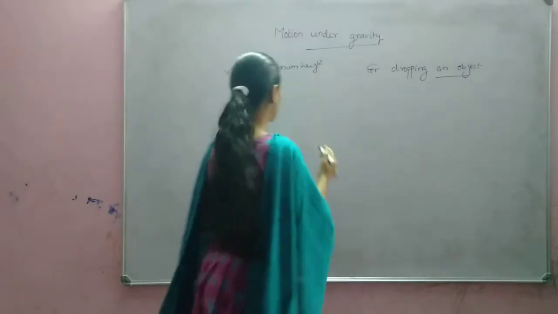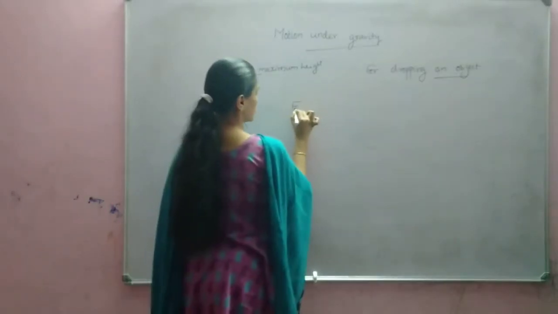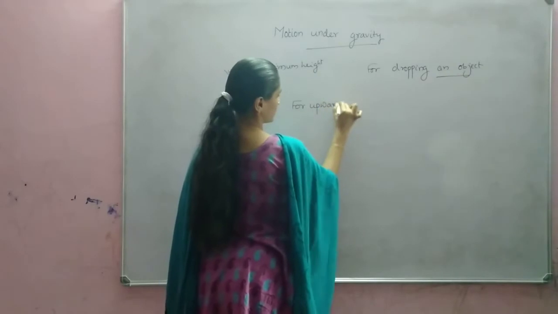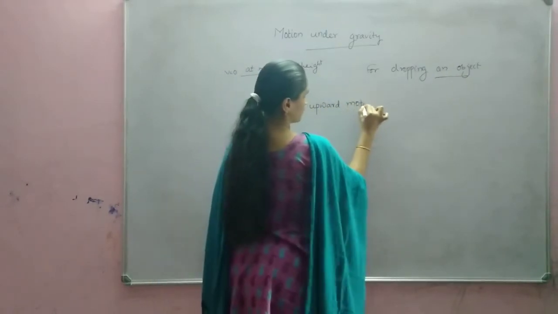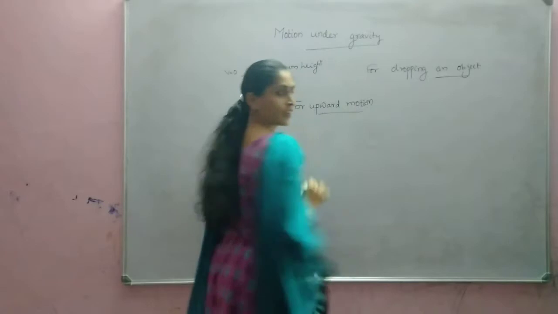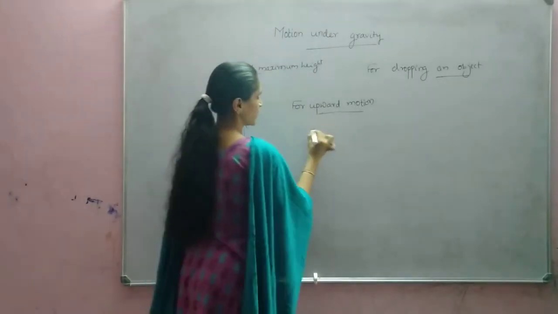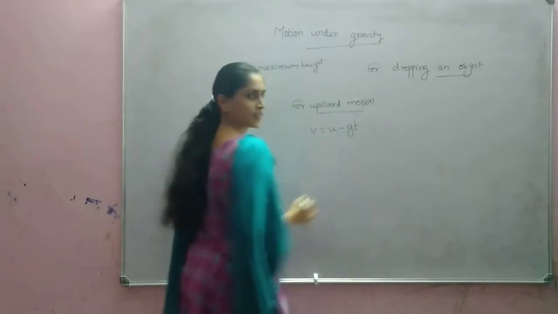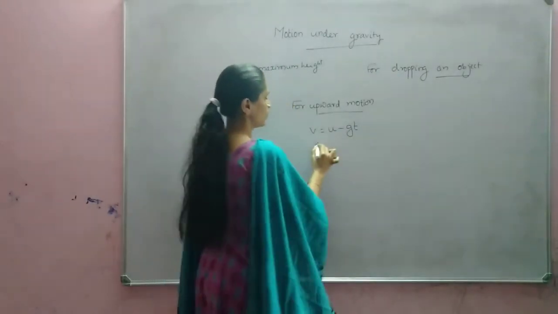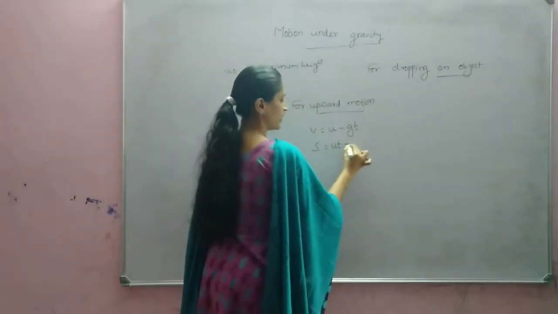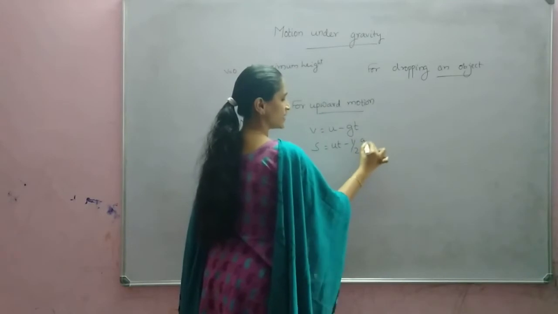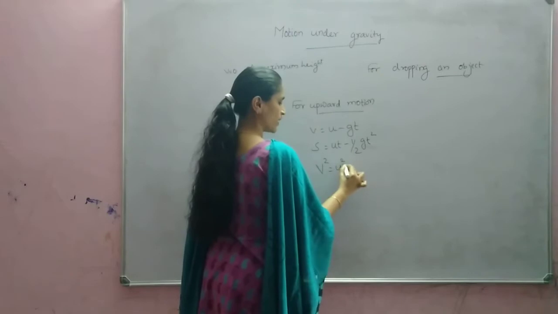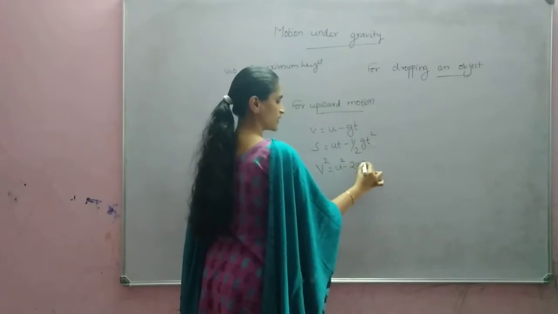We can write the equations of motion for upward motion as v is equal to u minus gt, s is equal to ut minus half gt square, and v square is equal to u square minus 2gs.